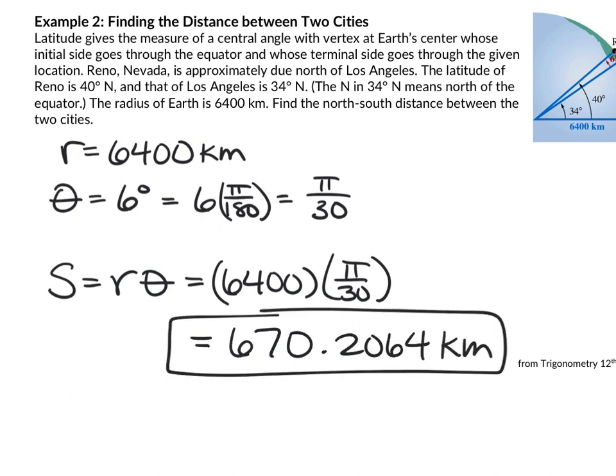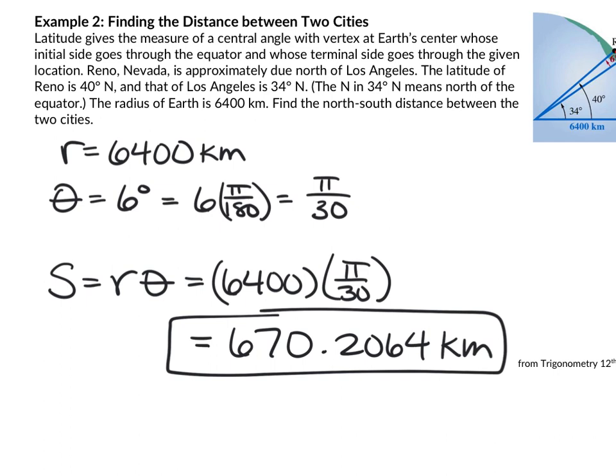That's about the distance between the two cities. Pretty easy formula to use, right? Really the only trick I can give you is if I give you the angle measurement in degrees instead of in radians, you just have to remember to translate it to radians.